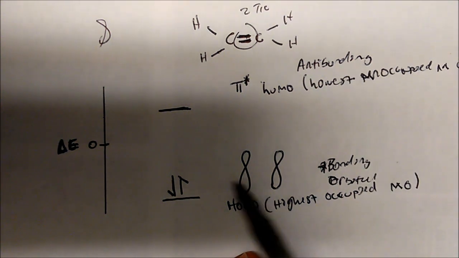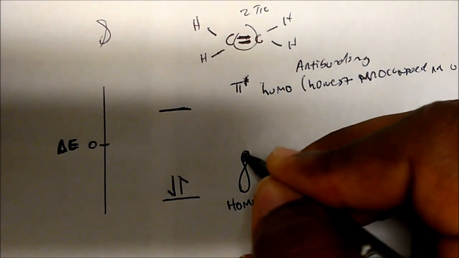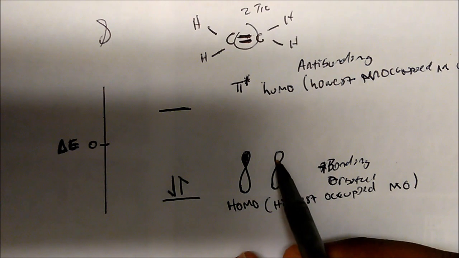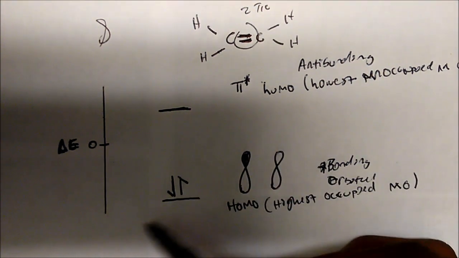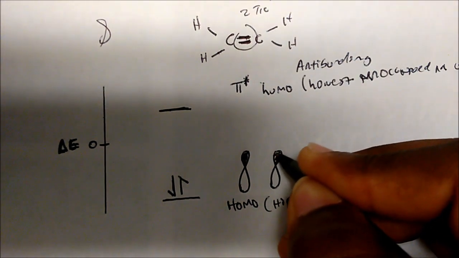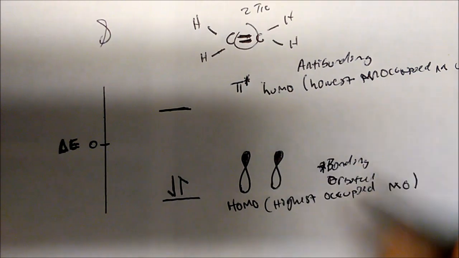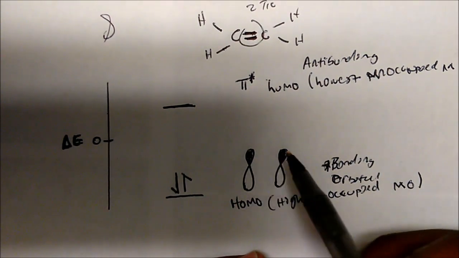Now, the way we show bonds with these is that we draw in a shade. And the shade has to match. So if I want to show that there's some sort of bonding occurring here, then this shade has to match this shade. They can't be opposite. So this is how we show that there's actually bonding here.